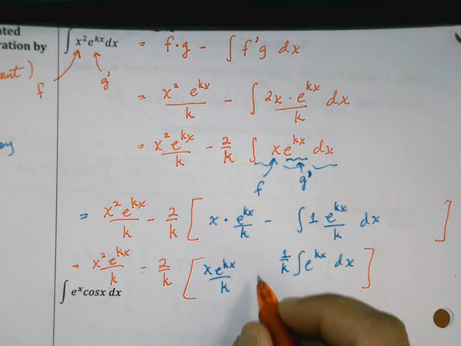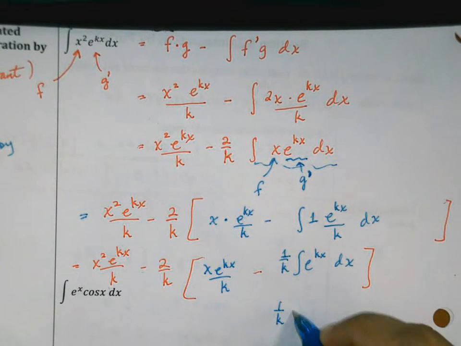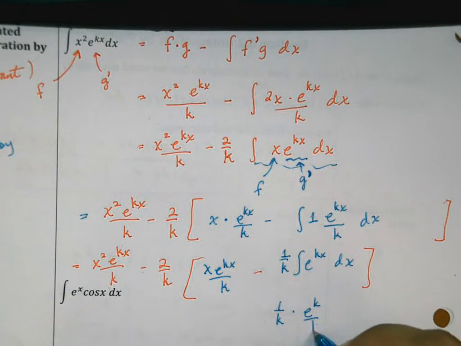Okay, there should be a minus sign here. So the antiderivative of e to the kx is e to the kx over k. So this is 1 over k times e to the kx over k plus the constant.